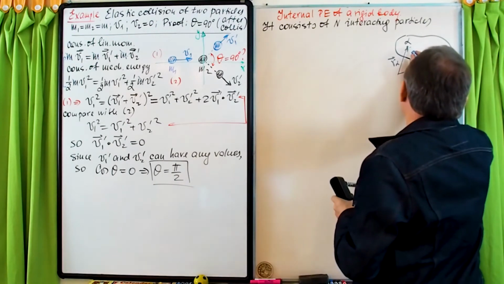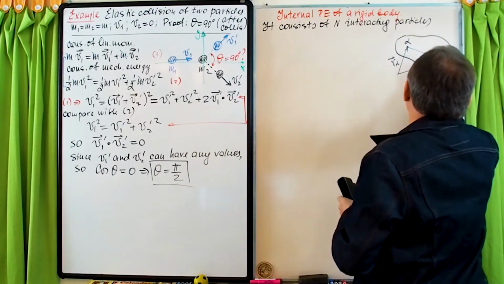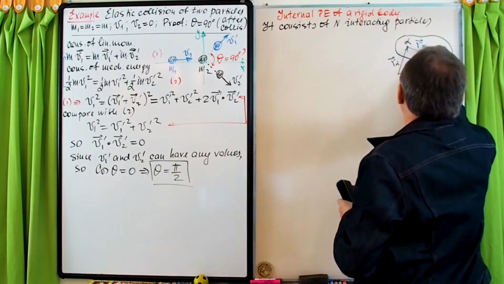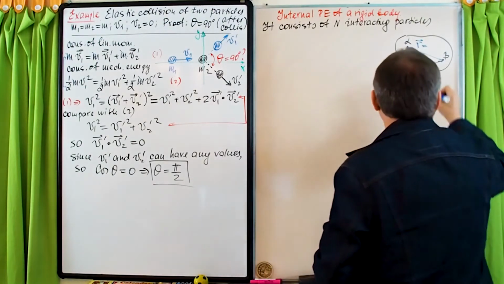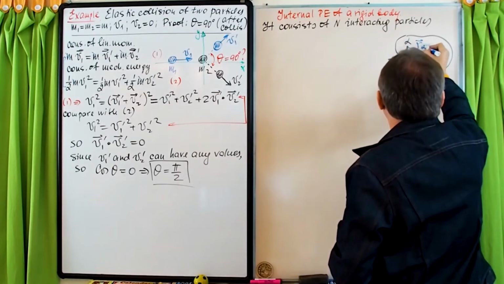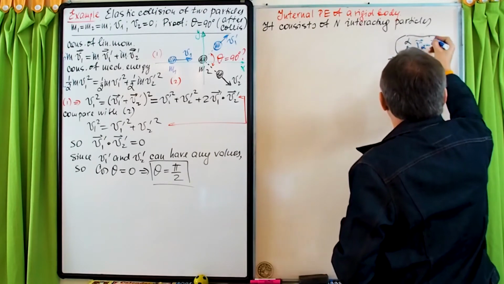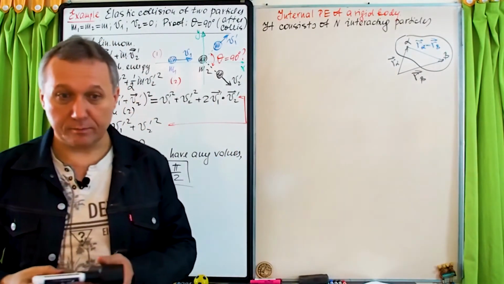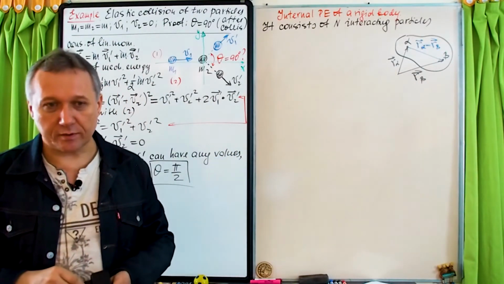So this is r alpha minus r beta, the relative position vector between two arbitrary particles in the rigid object.